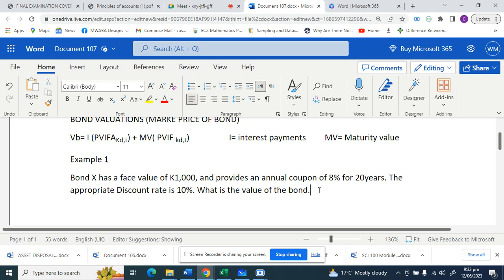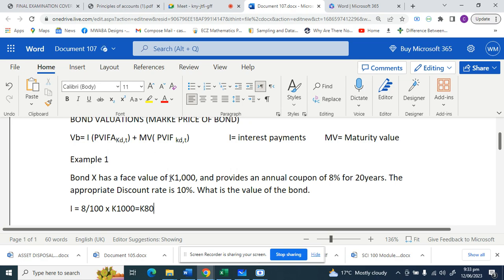The first thing that you need to tabulate is the interest payments. The interest payment is the interest rate times the face value. So we're going to say 8 over 100, times the face value, 1000. You get 80 kwacha. So these are the interest payments for the bond.